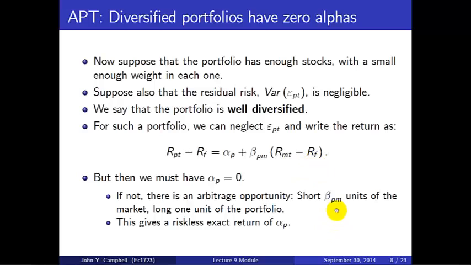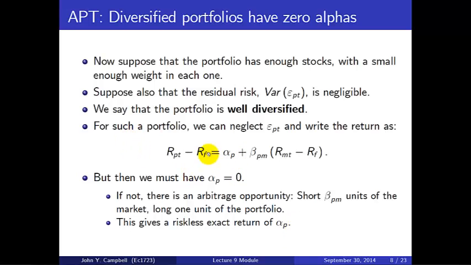Well, the short beta PM units of the market is going to cancel out this component of the return on the portfolio P. It'll cancel this part out. I'm Xing this out, and you will have a combined portfolio with a return alpha P that is riskless and requires no money down. So it's an arbitrage opportunity.